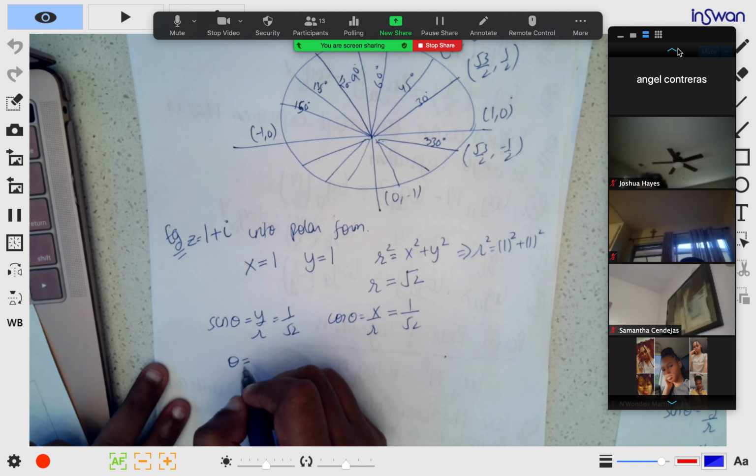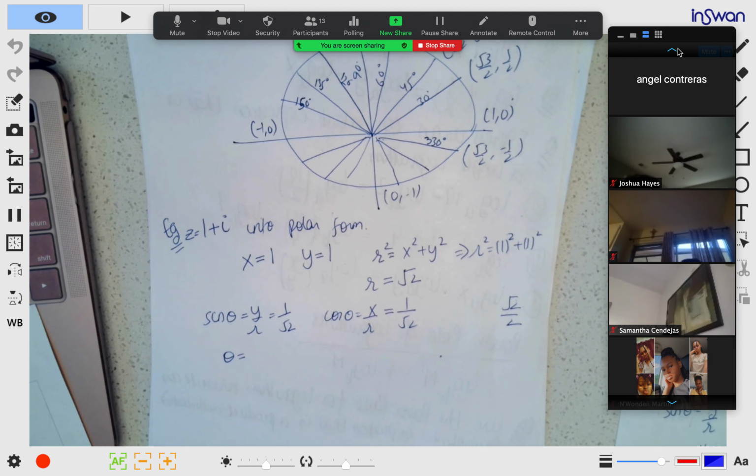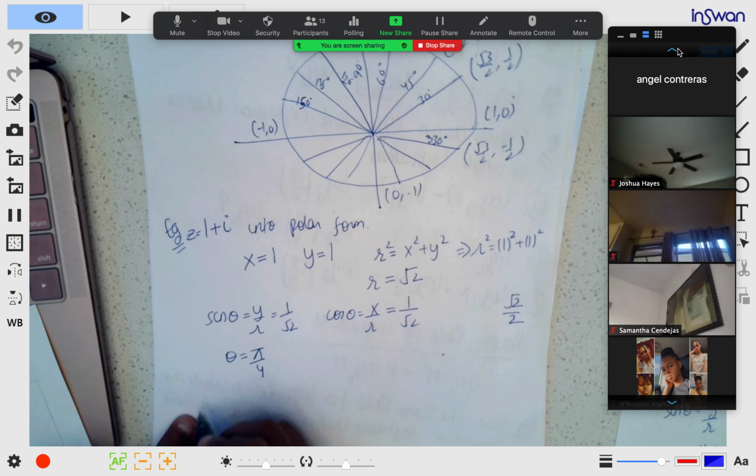Root 2 over 2 and 1 over root 2 are the same thing. So are they both positive? It should be in the first quadrant, yes, pi over 4. Perfect. So what's my final answer?